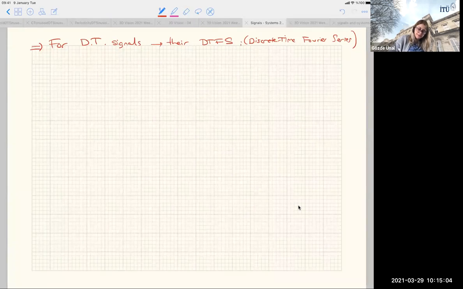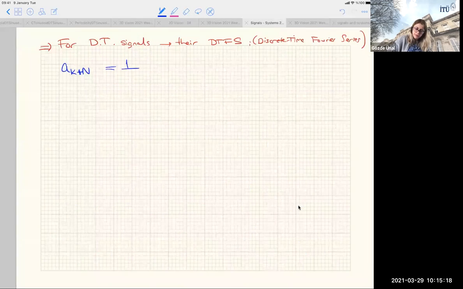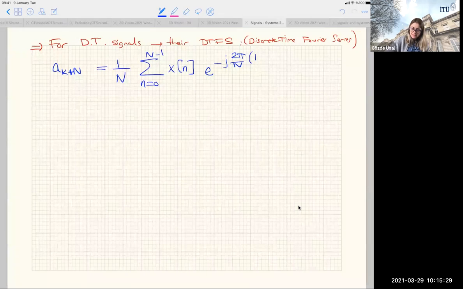Let's look at that. Just add N to this k. They will be periodic with the fundamental period, actually, k plus N, by construction. Just rewrite this analysis equation, 1 over N, sum from n equals 0 to N minus 1, x of n, e to the minus j 2 pi over N, k plus N, n.